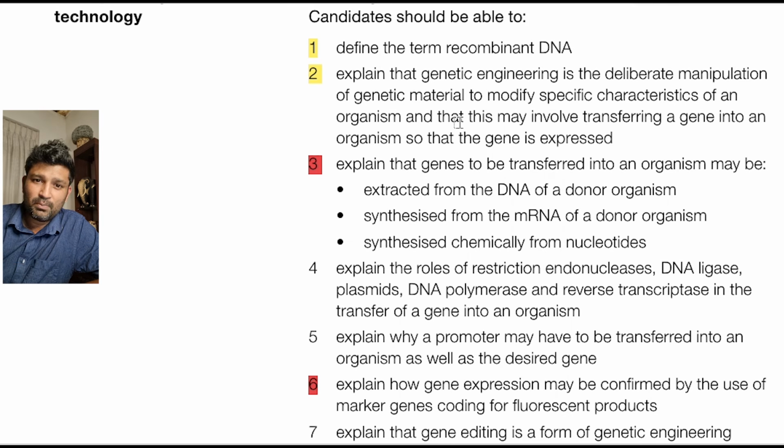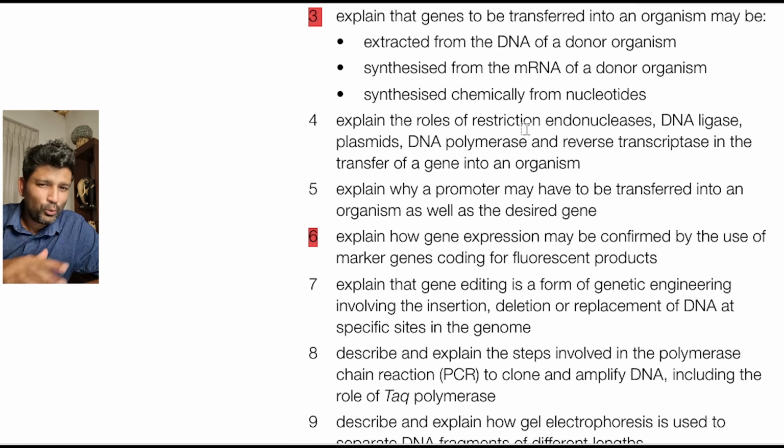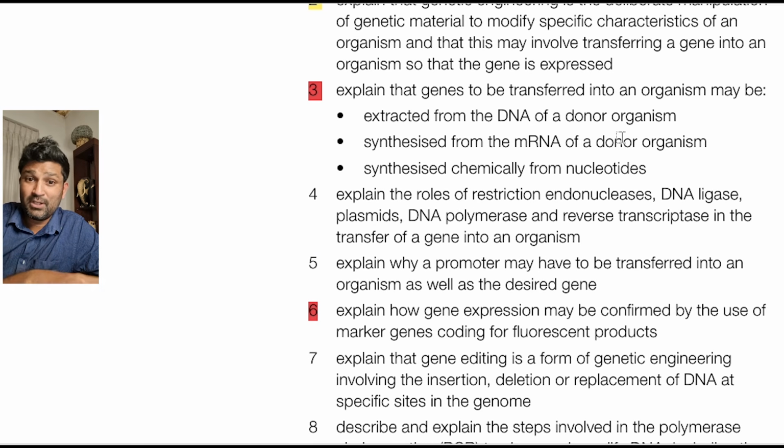They've also not asked about the different indicators that we use to identify if a particular DNA actually got modified. Right? This is where the fluorescent dyes and fluorescent genes are being used. So that's something that you might want to go through, because we normally tend not to go through it much. But again, because there was a question about how to create the DNA or the genetic material you require, this kind of information you might want to go through then.